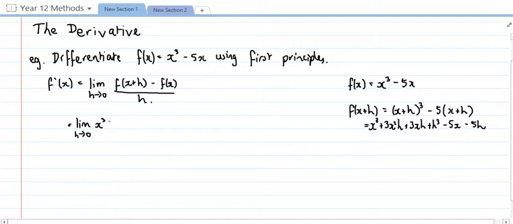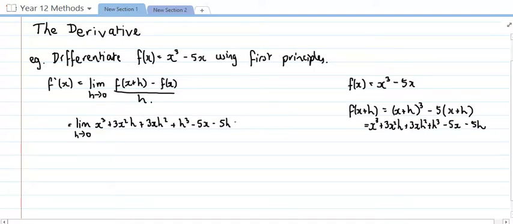So it's x cubed plus 3x squared h plus 3xh squared plus h cubed. I missed out a squared over here. Okay, and then after that I've still got to have my minus 5x minus 5h. And that's just the f of x plus h part.